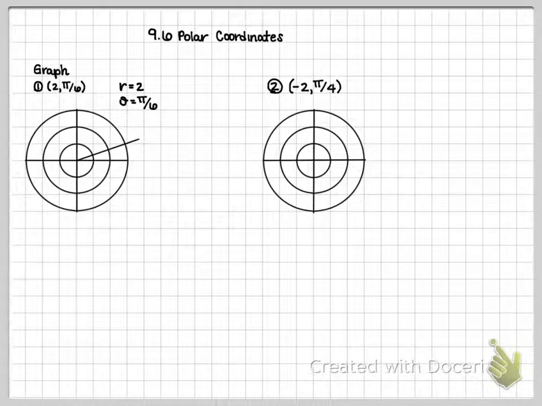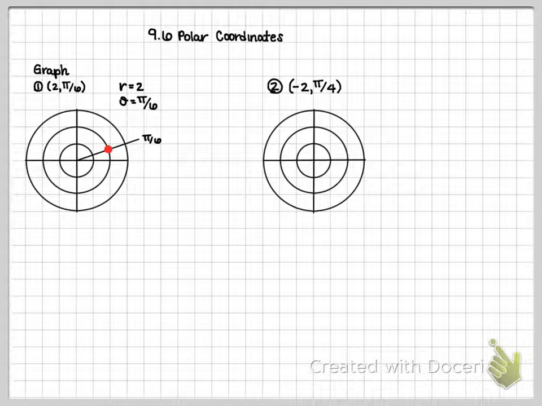Now I'm looking for the location where the pi over 6 line and the second circle meet each other. I think that looks like about right there. So if I were to graph 2 comma pi over 6, this would be my answer. I'm on the second ring and I'm on the pi over 6 radian. Well, let's move on to the next one.